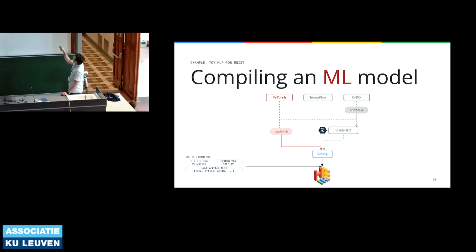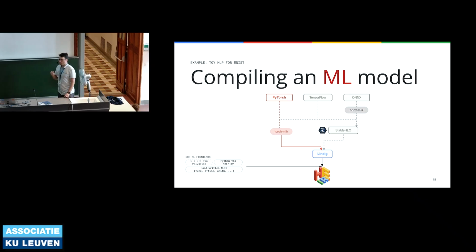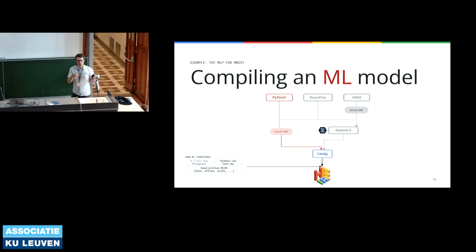So what's the framework that we want to use? The one that we want to support is PyTorch. So you write your PyTorch. Then there are some libraries to take your torch model and convert it to MLIR.